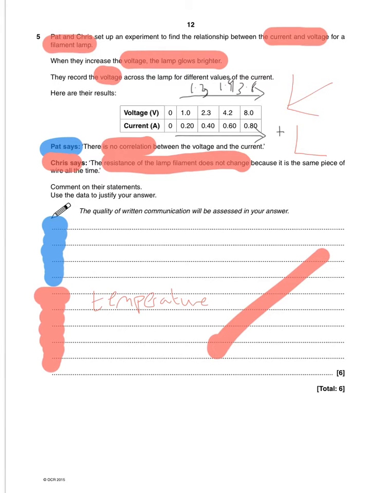The other thing you'd probably want to do is this part of the question that says use data to justify your answer. So we can actually work out, using our equation, some resistances from here. So we've got different pairs of values, so we can work out some resistances and actually see if Chris is right or if he's wrong from that, and then try and explain it with this idea of temperature.